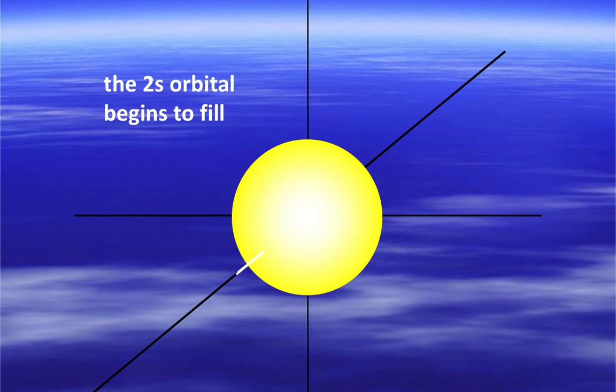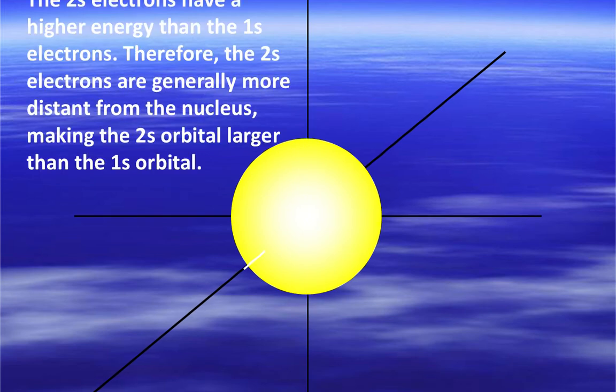Then I have 2s. 2s is larger, at a higher energy level, and it also has 2 electrons. The 2s electrons have a higher energy level than the 1s electrons, so they are generally more distant from each other, making the 2s orbital larger, or appear larger in the sense of how we humans talk about it.